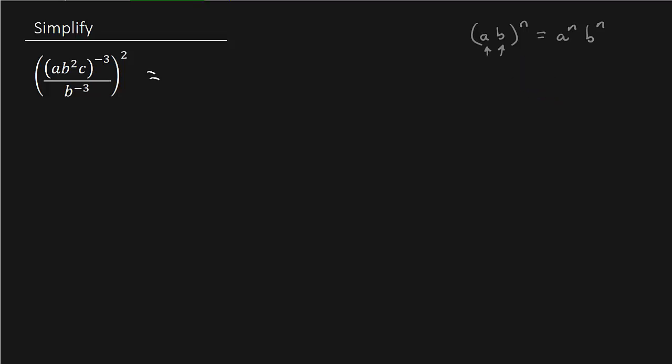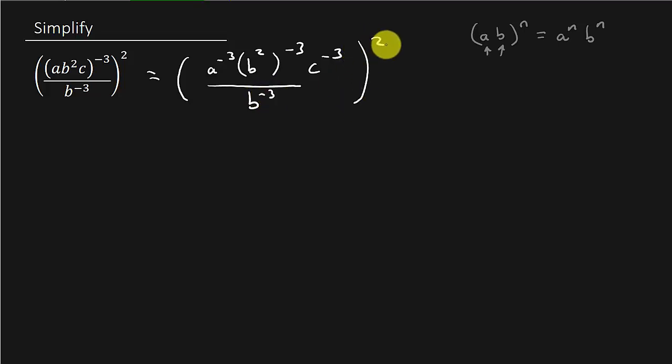So that's what we're going to do to the numerator. That's going to be a to the negative 3, b squared to the negative 3, c to the negative 3 over b to the negative 3, and then all of that squared.